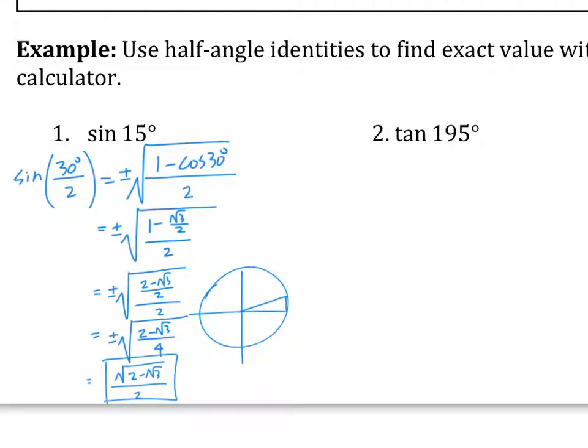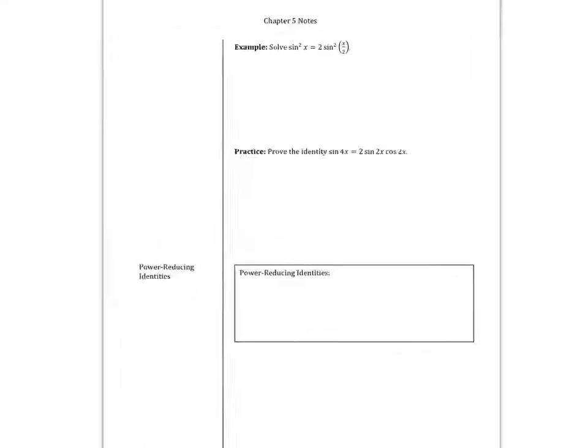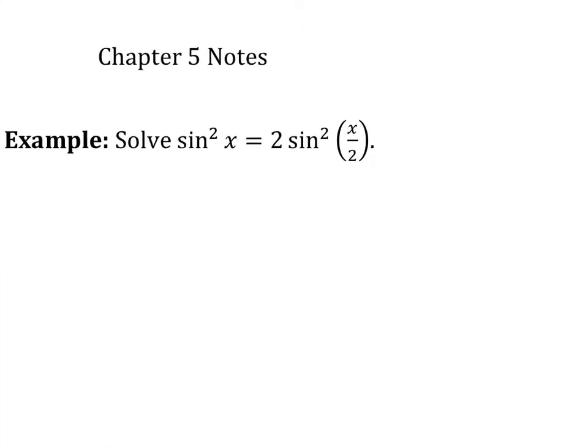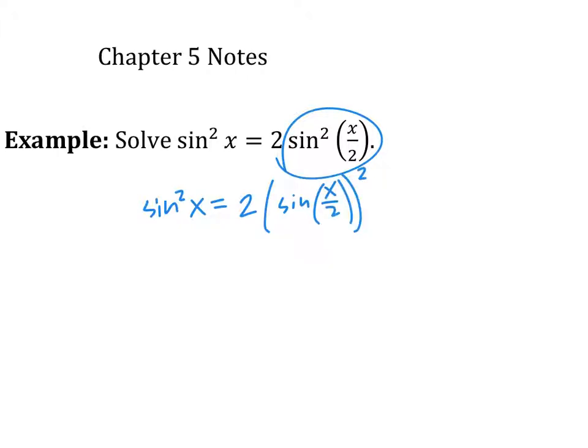All right, let's look at the next one. Solve. Sine square x is equal to 2 sine square x over 2. Okay, sine square x over 2 is the same as sine x over 2 squared. Now, sine x over 2 is really just a half angle identity, so we are going to just change it, because notice that we talked about this before.